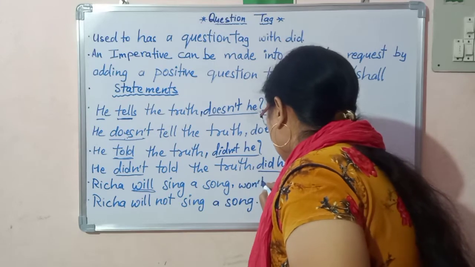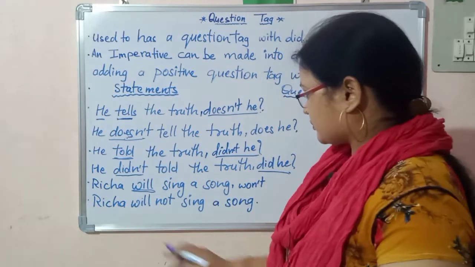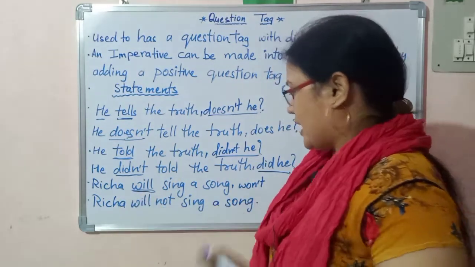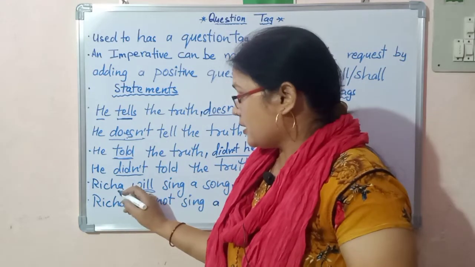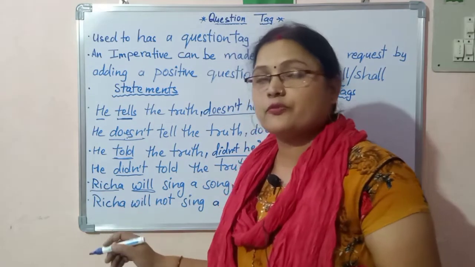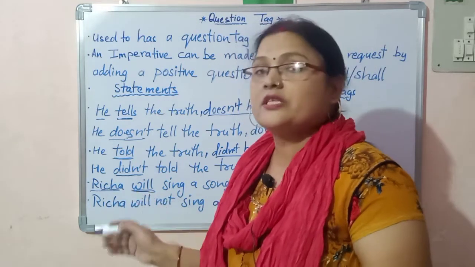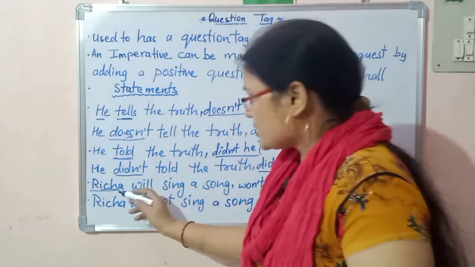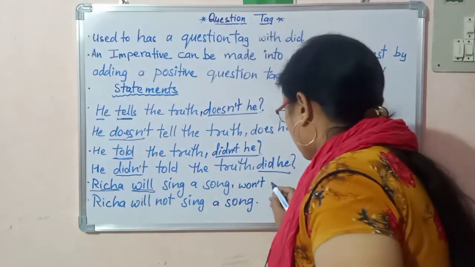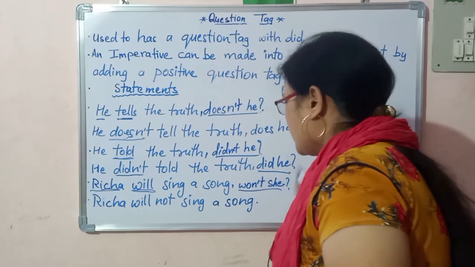We will write won't, not willn't. Won't Richa. Before I told you we have to use pronoun only, but here a noun is given. So what should we do? When we read this name Richa, we understand Richa is a girl. That's why we will write a pronoun here, she. Won't she?